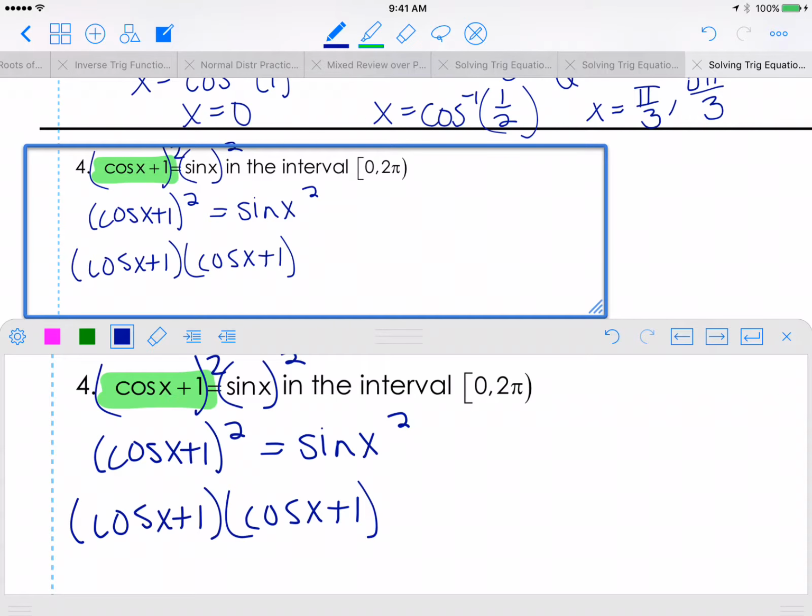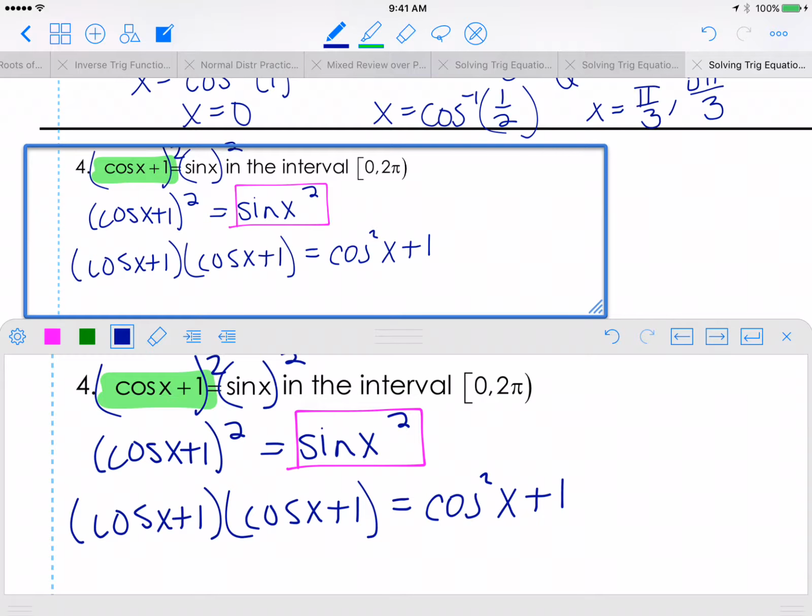To make all of these the same, I could say, well, we know that sine squared x is equal to cosine squared x plus 1. Could we say that? Sure we can.